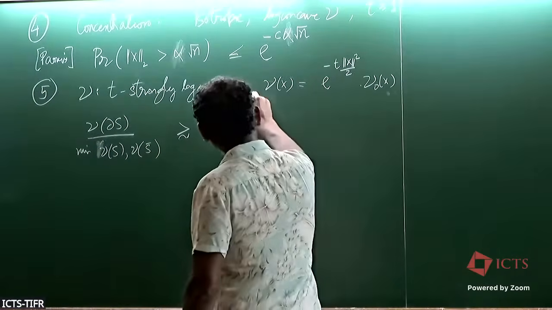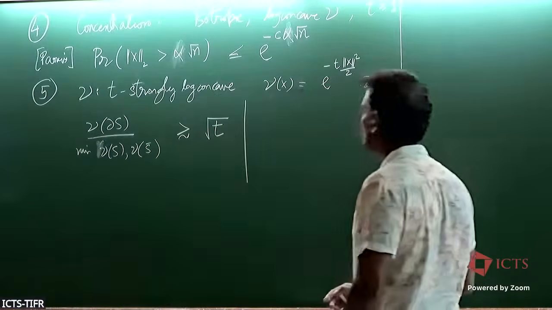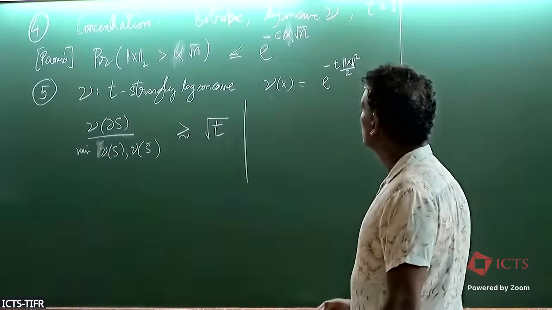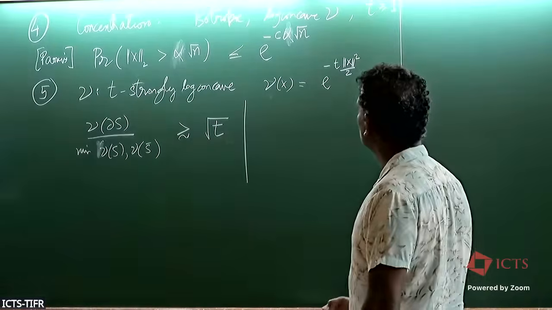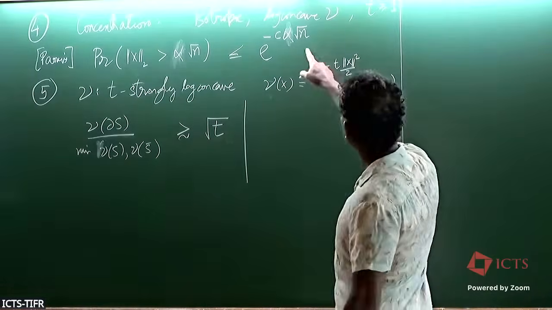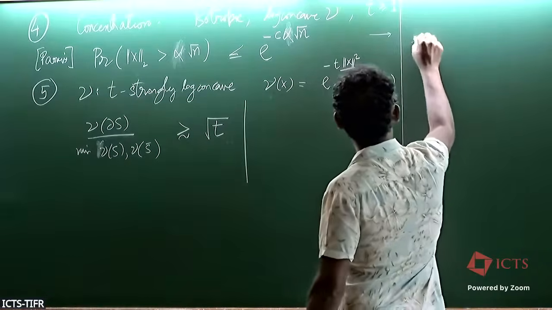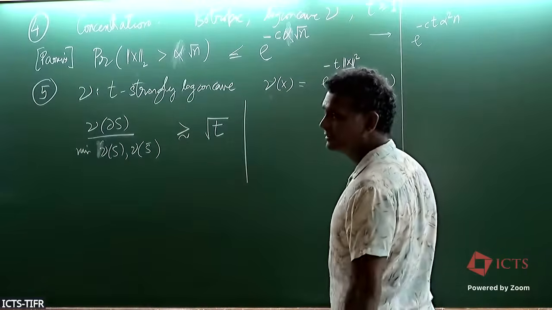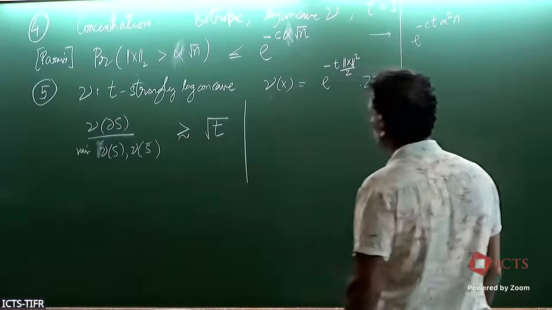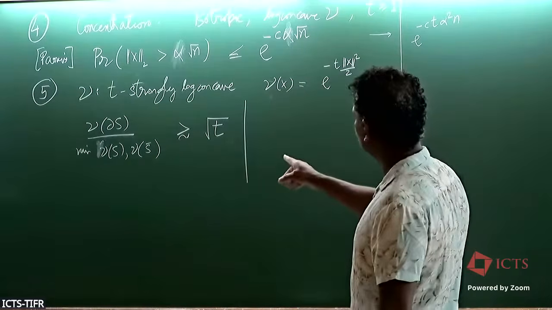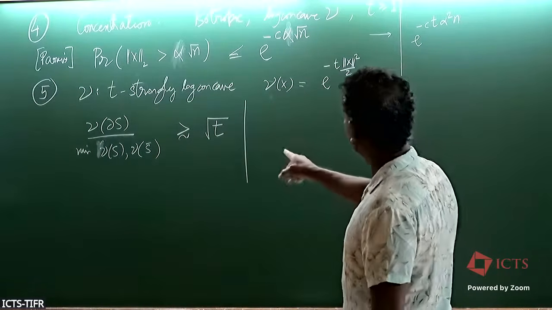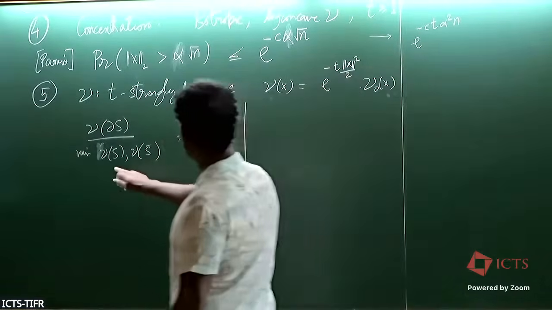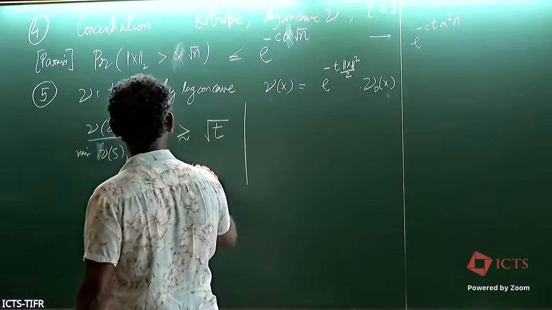Now, in fact, something much stronger is known. The concentration here, instead of being like this, would be e to the minus t alpha squared n. So now I'm talking about an even stronger version of this. So that I don't have to keep writing the min, let me assume that nu of S is less than half.